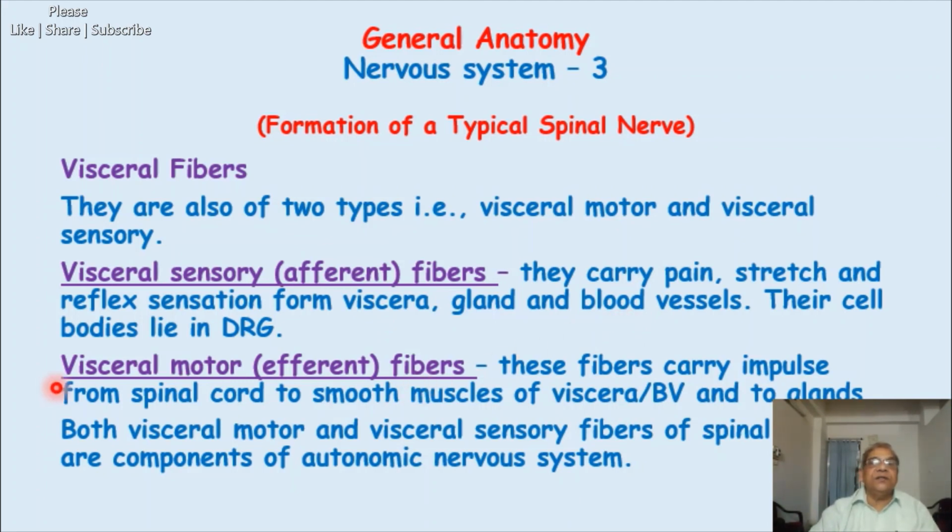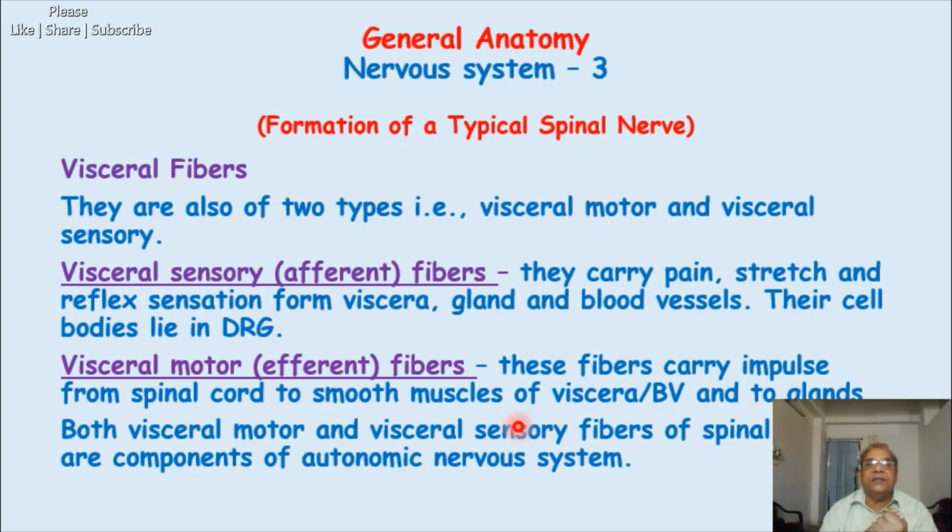Now the second component, which we saw in the last diagram, was the visceral motor, which are efferent fibers. These fibers carry impulses from the spinal cord to smooth muscles of viscera, to blood vessels, to glands and to other organs.